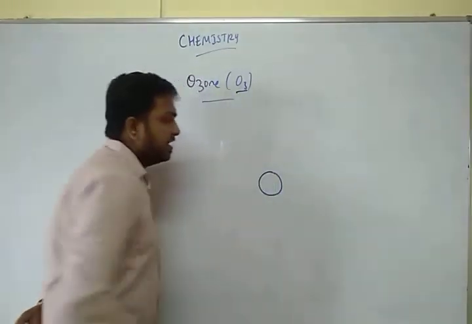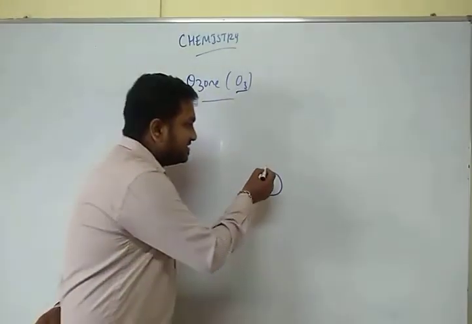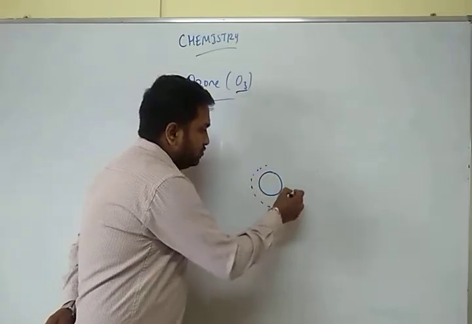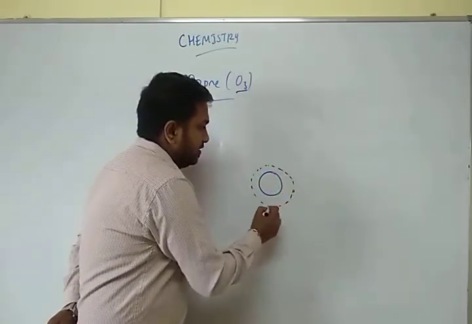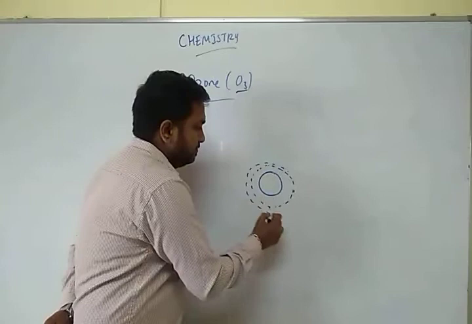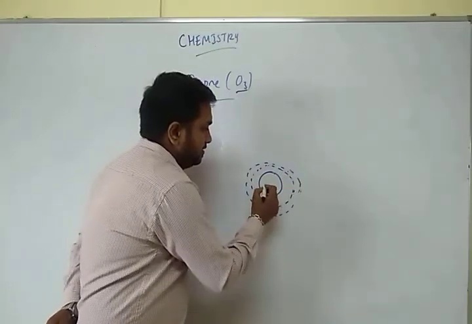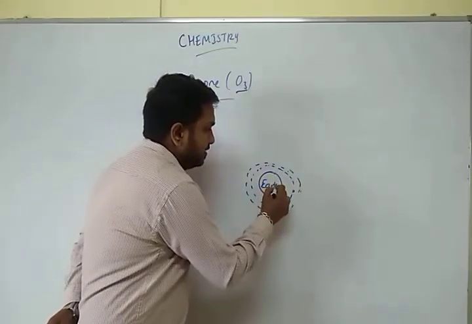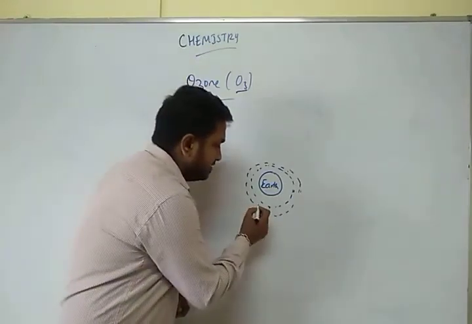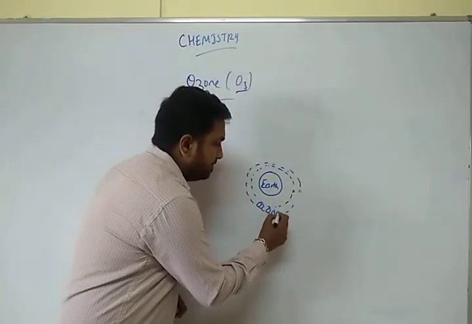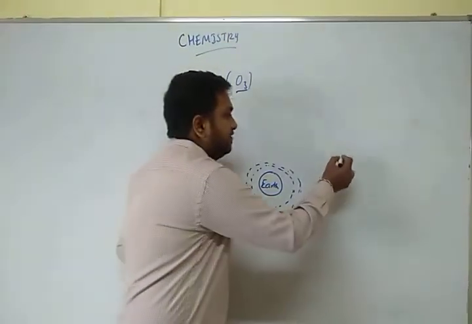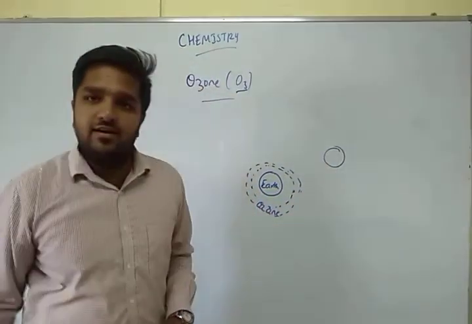So now, this is the mother earth we have, and this is the layer of ozone. This is earth, this is the ozone layer, and we have the sun over here. Clear?